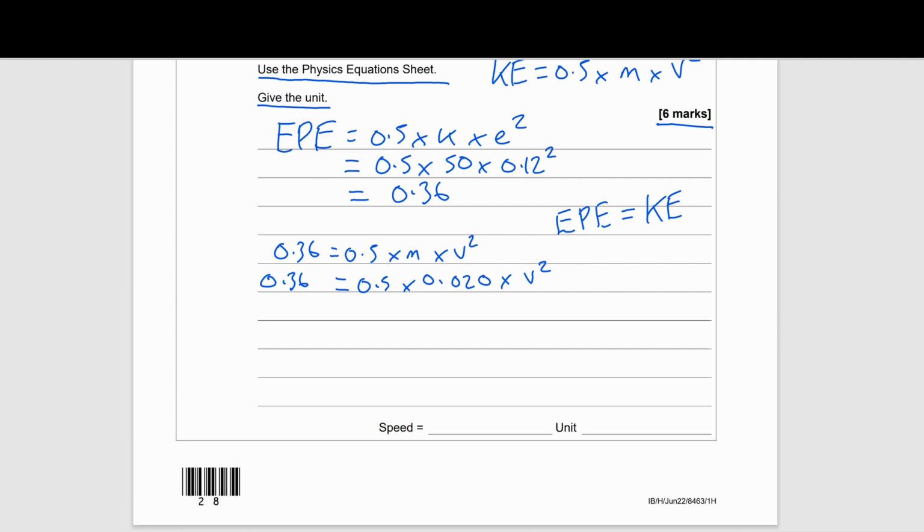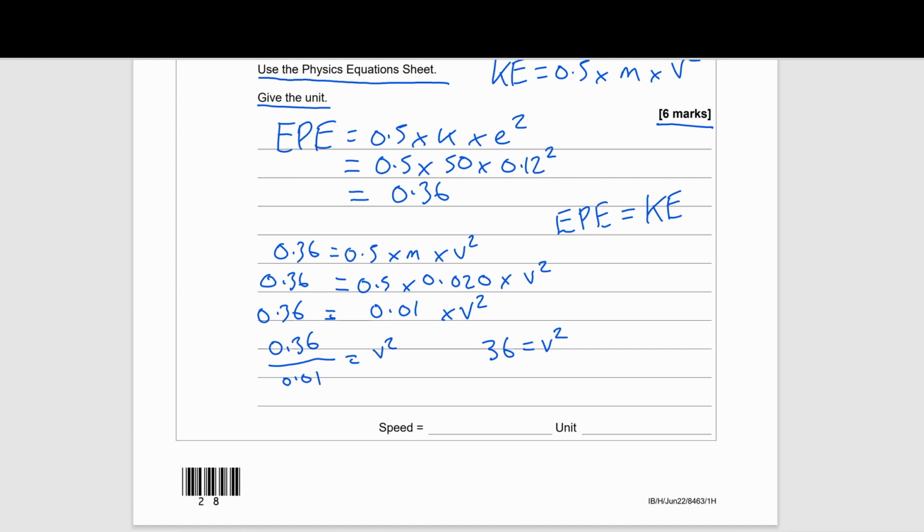Simplifying this further, we will have 0.36 is equal to 0.01 multiplied by v squared. So that means that 0.36 divided by 0.01 will be equal to our speed squared. So that means 36 is our speed squared.